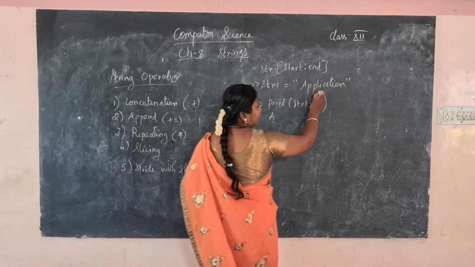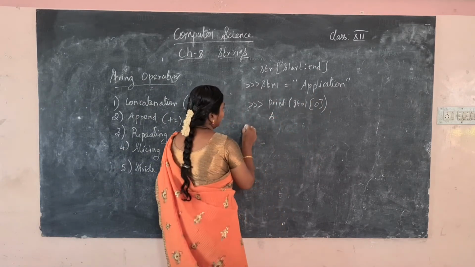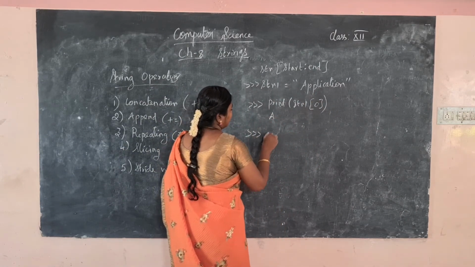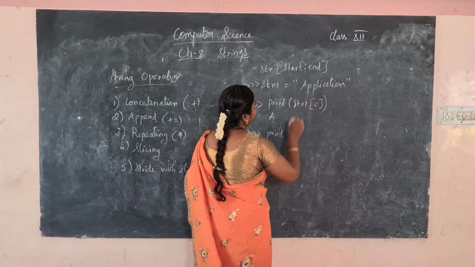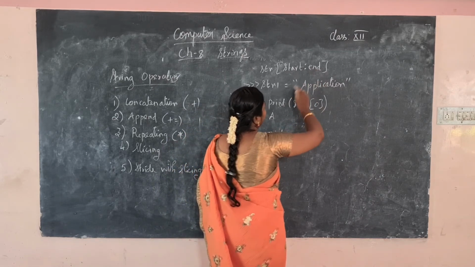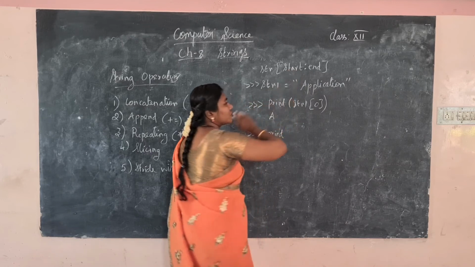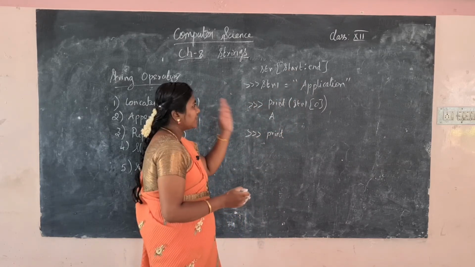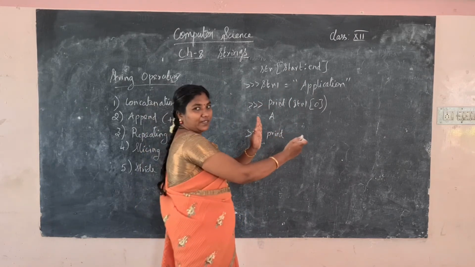Suppose in the next one, consider I am using slicing. The start and end, what do they denote? From which character it has to be sliced, from which part of the string to which part of the string.